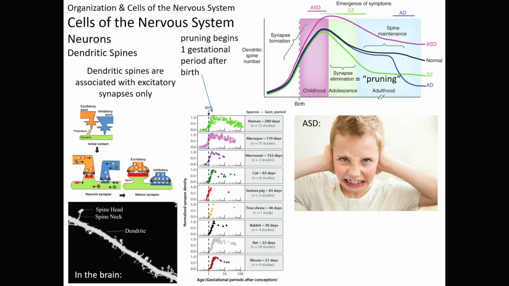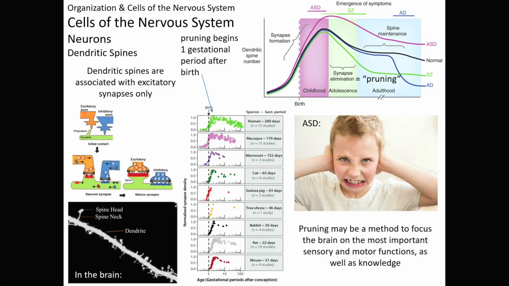If we put that aspect of autism together with the lack of dendritic spine pruning, it has led to the idea that this pruning process may be a way for us to get our brain to focus on the most important sensory and motor functions we need, and the most important pieces of knowledge we need to understand, because we can't handle having everything, right?